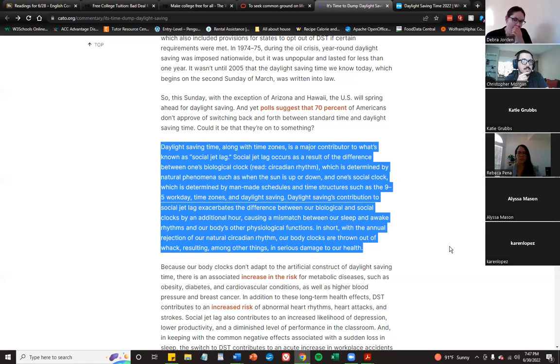Daylight savings contribution to social jet lag exacerbates the difference, so a fancy way of saying it makes worse, between our biological and social clocks by an additional hour, causing a mismatch between our sleep and wake rhythms and our body's other physiological functions. In short, with the annual rejection of our natural circadian rhythm, our body clocks are thrown out of whack, resulting, among other things, in serious damage to our health.